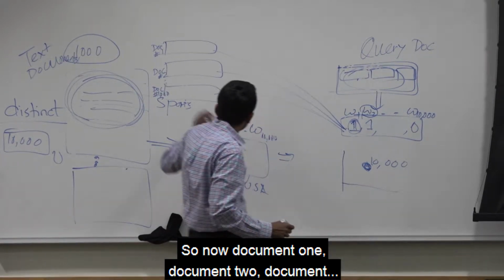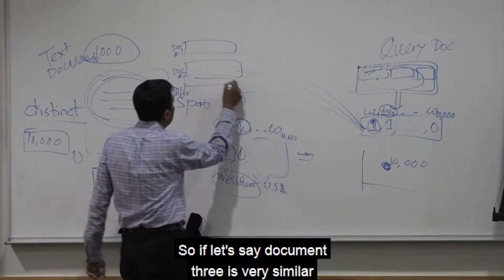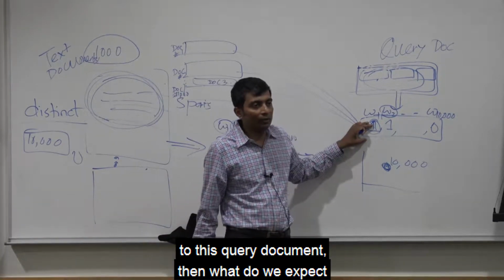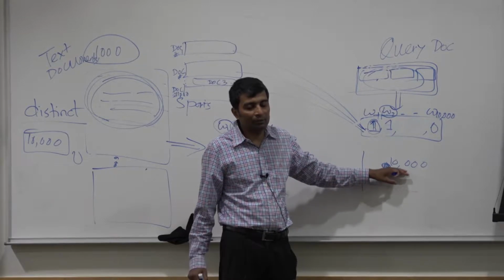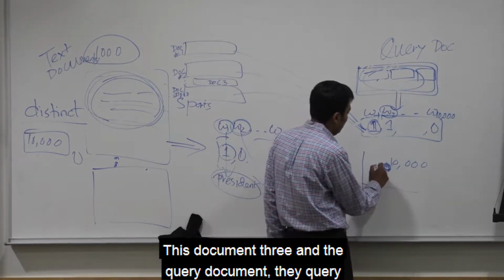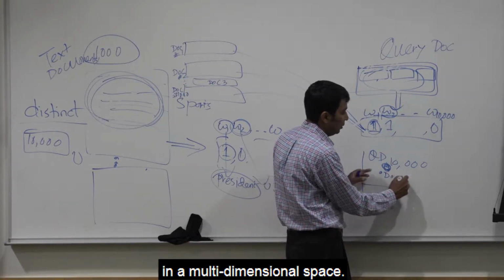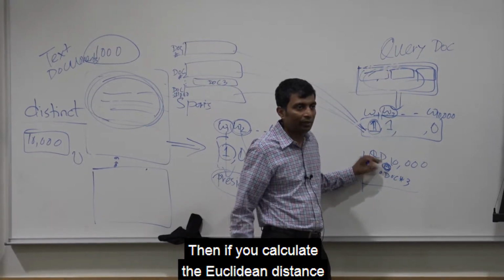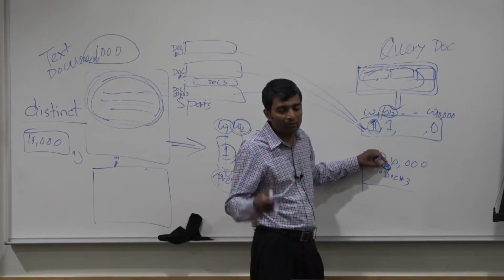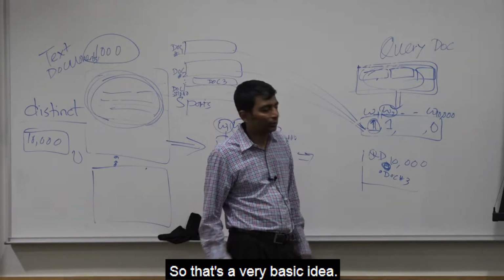So now, if let us say document 3 is very similar to this query document, then what do you expect in a multi-dimensional space? Document 3 and the query document will be very close in the multi-dimensional space. Then if you calculate the Euclidean distance between these 2 points, or between these 2 documents corresponding to 2 vectors, you will see the distance is very small. So that is the very basic idea.